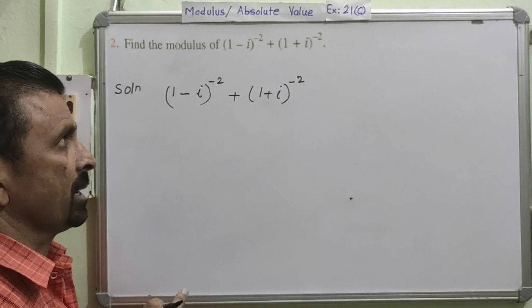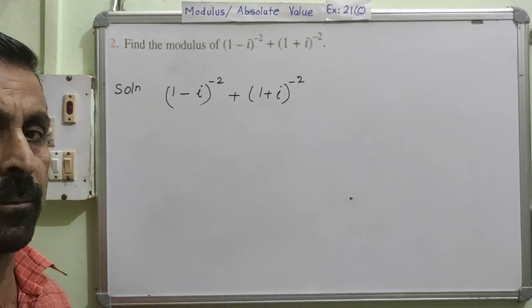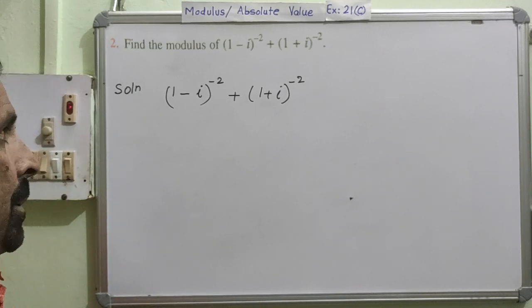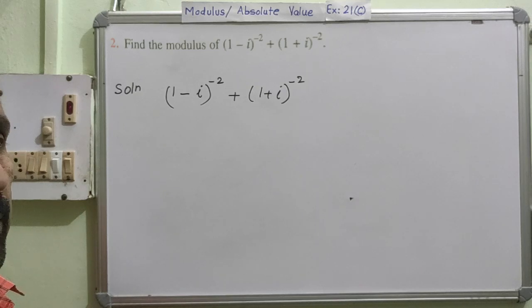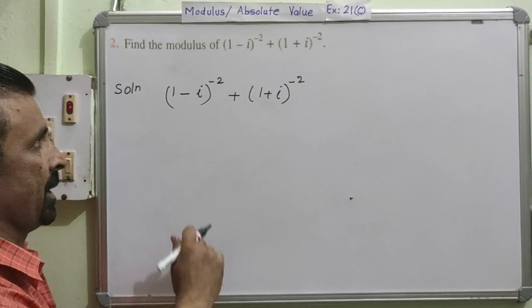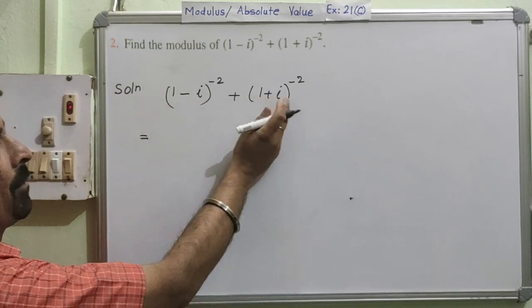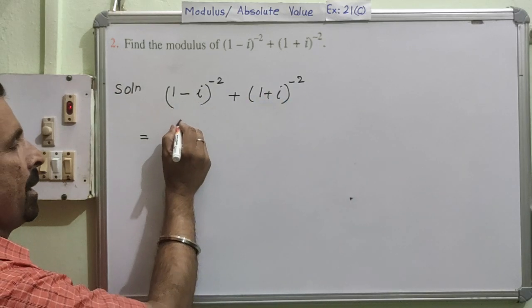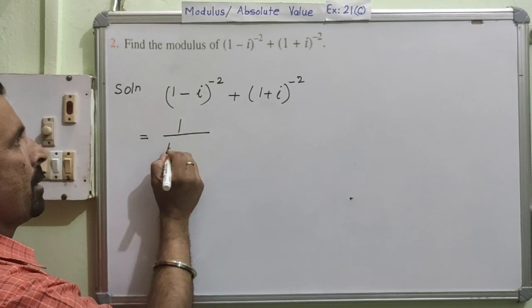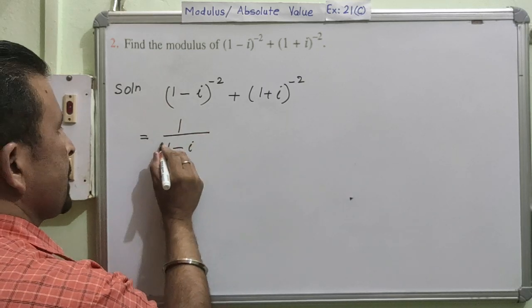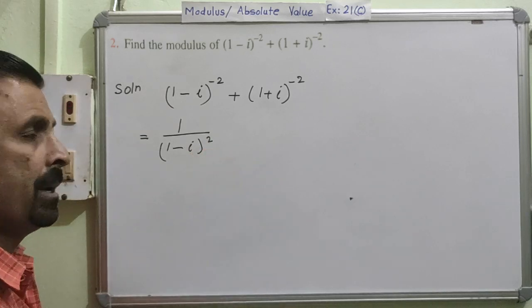Now in order to find the modulus of this given expression, first of all we need to simplify this, right? Because this is not in the appropriate form to find the modulus. So for simplifying, step 1 is we will make the power positive. It will then become equal to 1 over 1 minus i to the power 2. Is it okay?